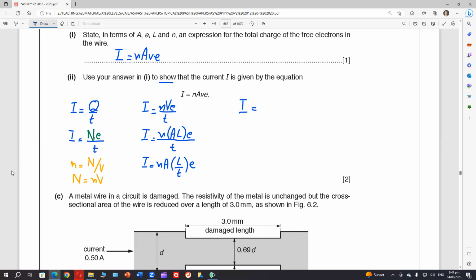Length upon time, meter per second. L is meter, na? Velocity. Yes.